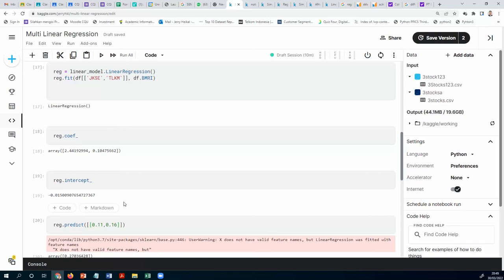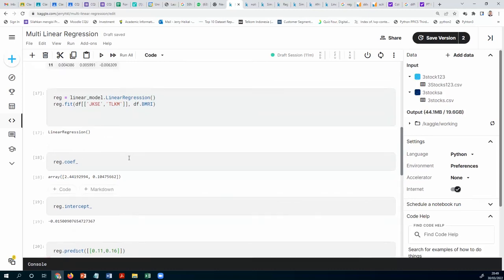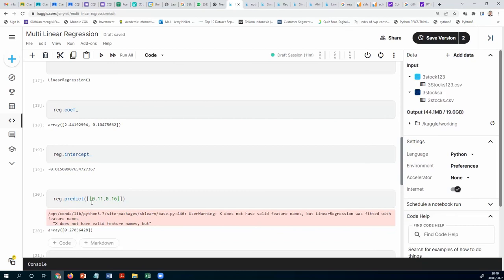But the model will be different because the data is not the same. So if you use this model, you can directly put in the return of the Jakarta Stock Exchange and the return of Telkomsel to calculate the return of Mandiri.